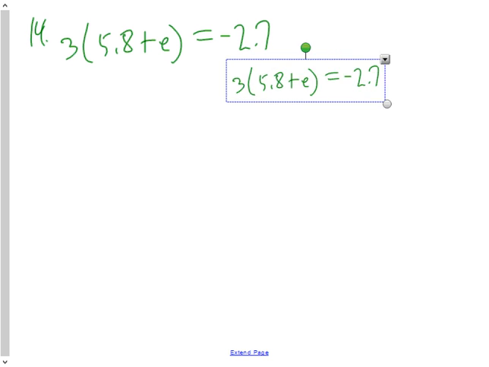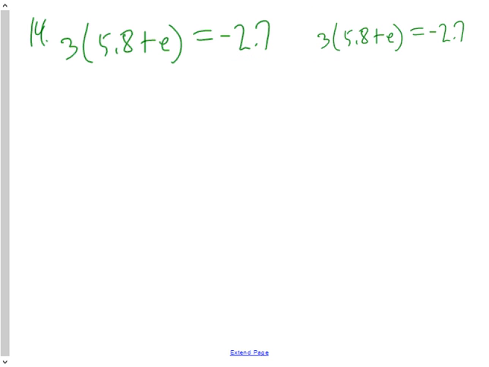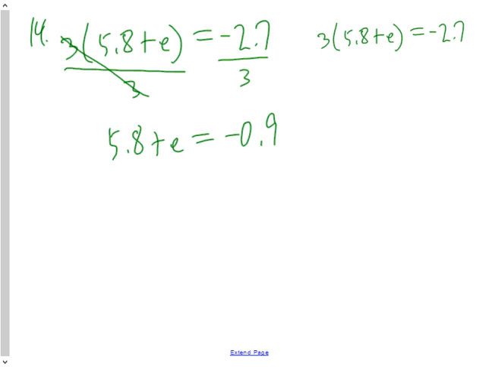The first way, of course, and I'm going to bore those people who get it, is to divide both sides by the multiple that you're having. So instead of having 3 groups of 5.8 plus E, you have 1 group of 5.8 plus E, equivalent to negative 0.9. This makes your life much simpler because you have to subtract 5.8 from both sides, and you would have E equals negative 6.7.